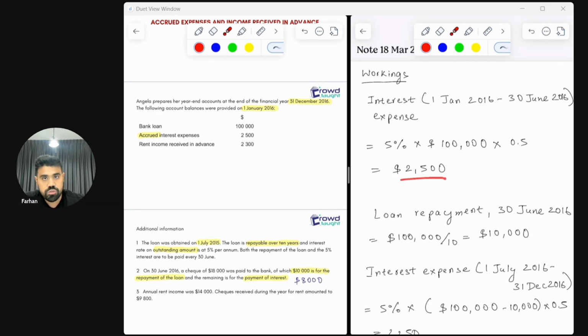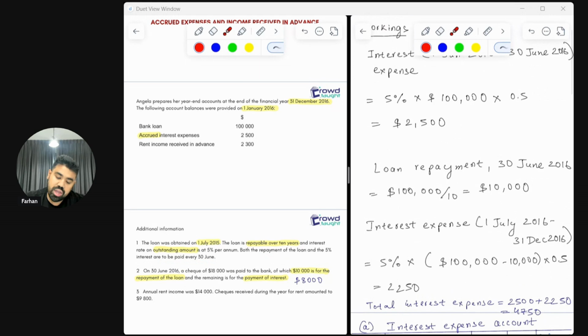Now, we also know, based on the additional information that is given to us, both the repayment of the loan and the 5% interest are to be paid every 30 June. So what that means is we know that there is a loan repayment on 30 June 2016, halfway during the year, and that amount is going to be $10,000, given that $100,000 was the original amount, and that is paid in equal amounts over 10 years.